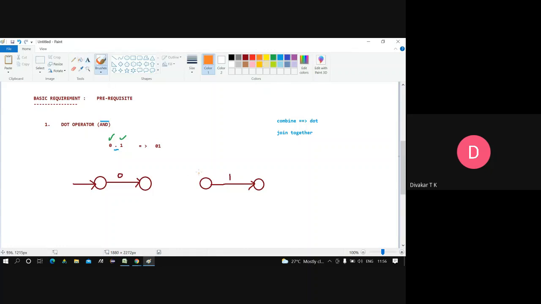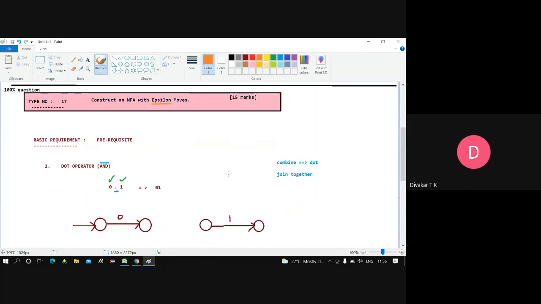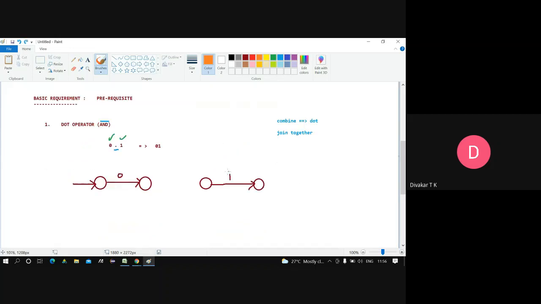It's the easiest thing here. Since we are constructing an NFA with epsilon moves, now we have to use epsilon, which is the symbol epsilon, or null. Zero is there and one is there, so both we are supposed to join. How to join? This way.